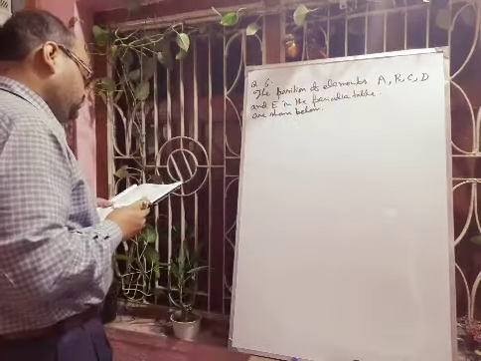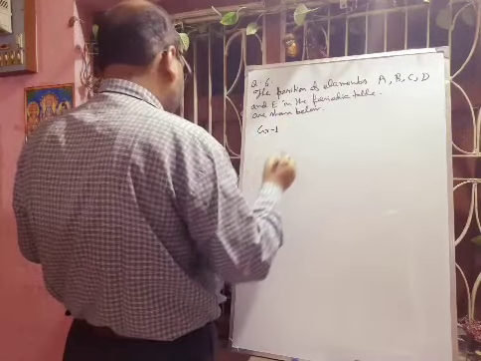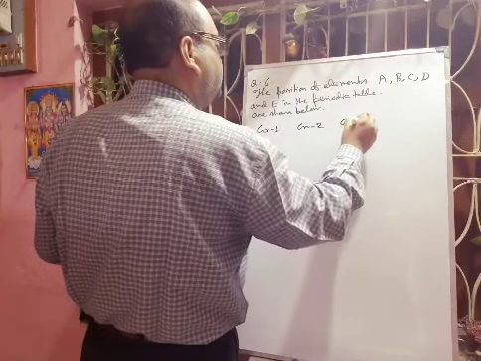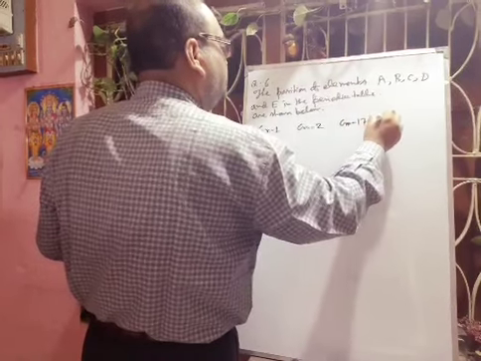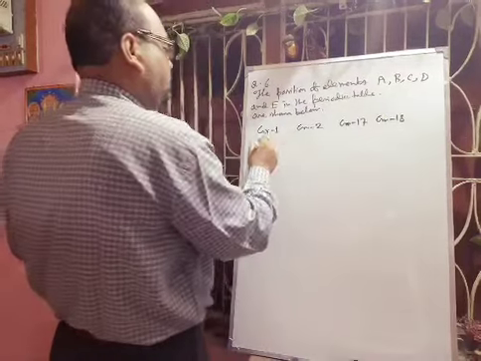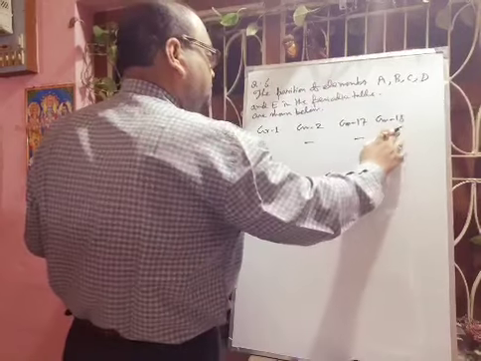Okay. Here first one is written group 1, then group 2, then group 17, then group 18. And here only D is there in this period.